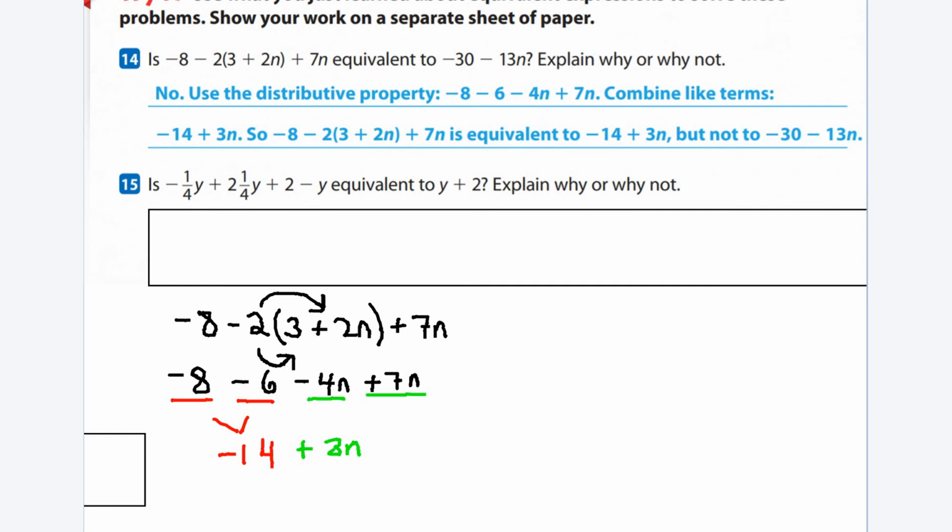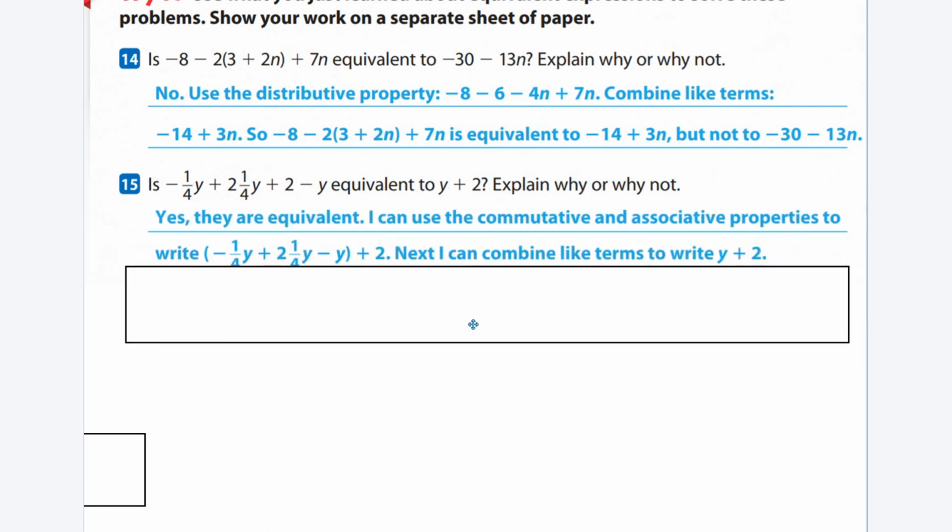So, oops. Let me try that again. Positive 3n. So, final answer is negative 14 plus 3n, or you can say 3n minus 14, right? Because those are the terms. So obviously, clearly, it's not negative 30 minus 13n.